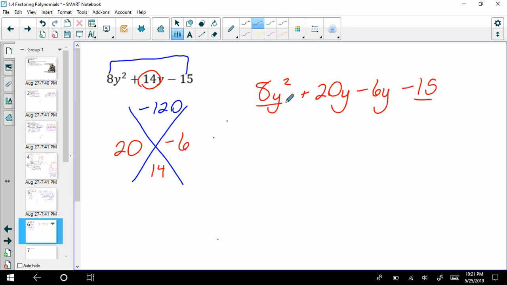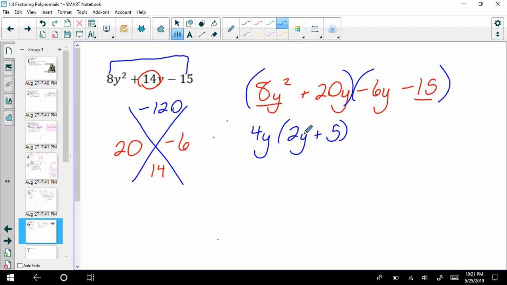Again, the first and last numbers don't change. It's the middle set I'm rewriting. And now we're going to group. So what is the GCF from the first group, the greatest factor? Well, I can definitely take a y and a 4. So I would really like to see a 2y plus 5 in this other group.